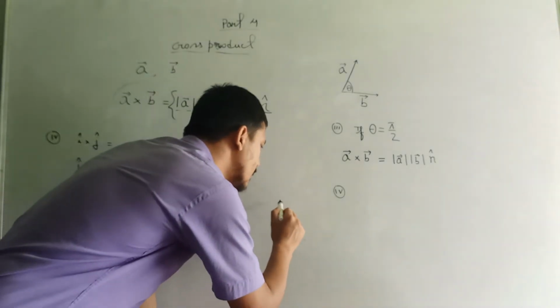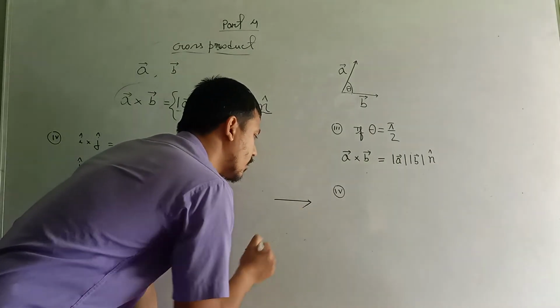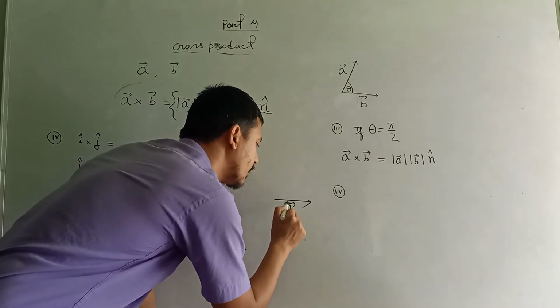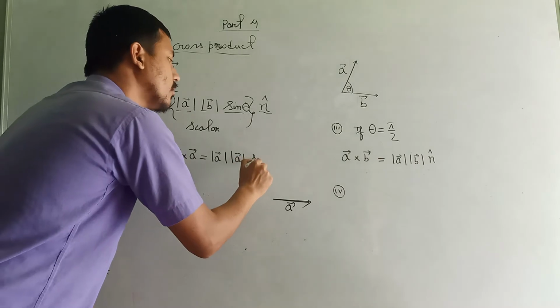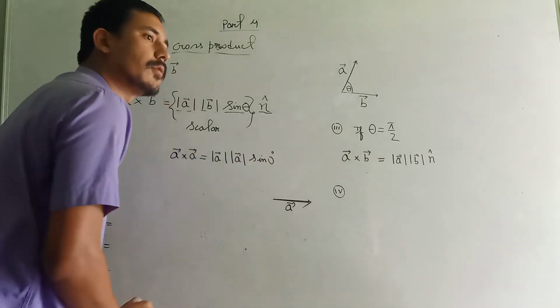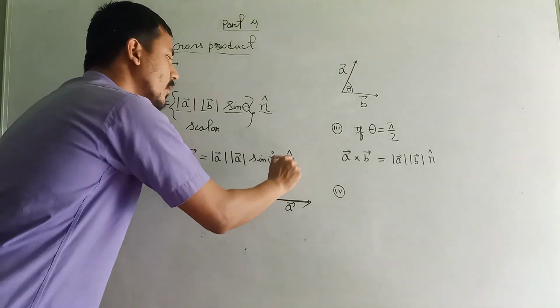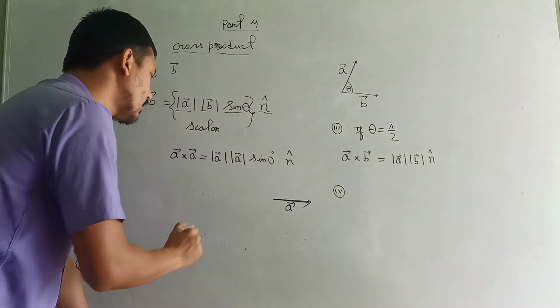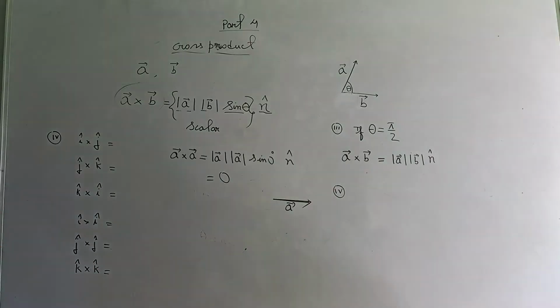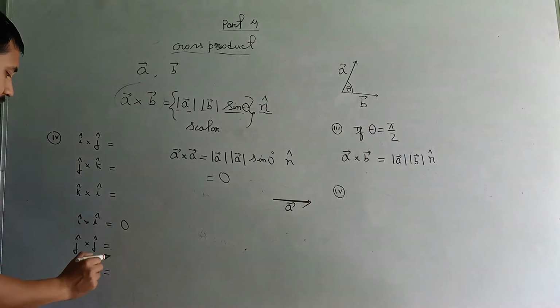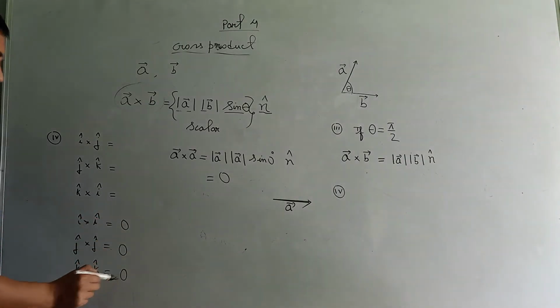A cross A means cross product of A and A itself. That makes the angle equal to 0 degree. And what is sine 0 degree? 0. That makes the entire product 0. Understood? So i cross i is 0, j cross j is 0, k cross k is 0. Right? We have derived all that.